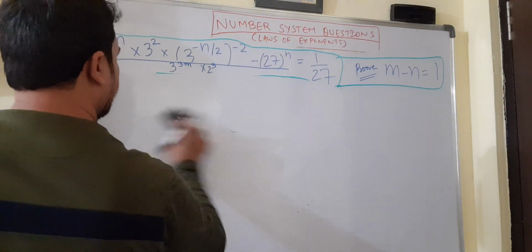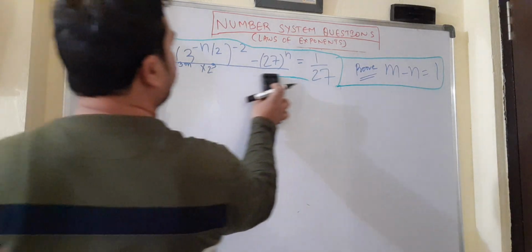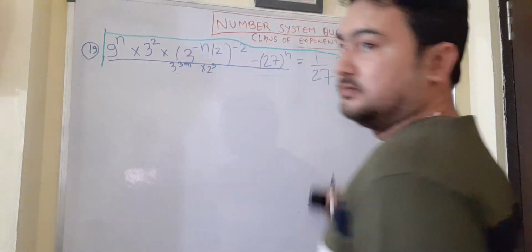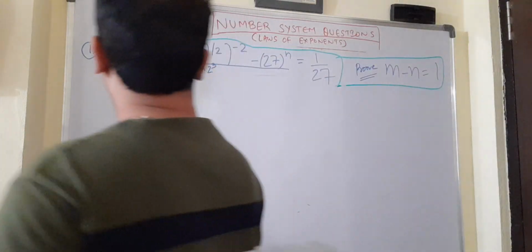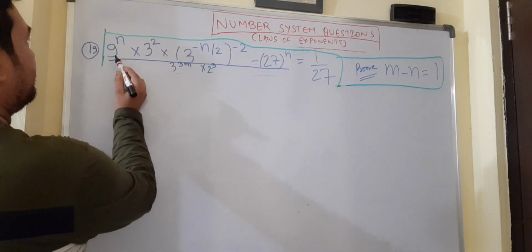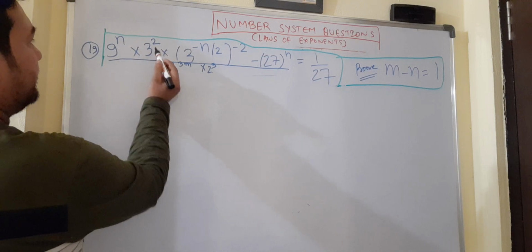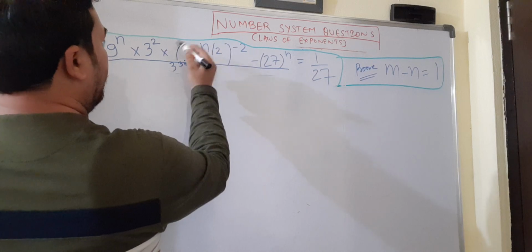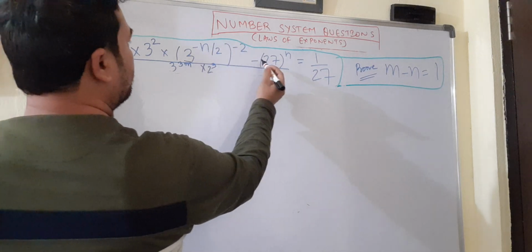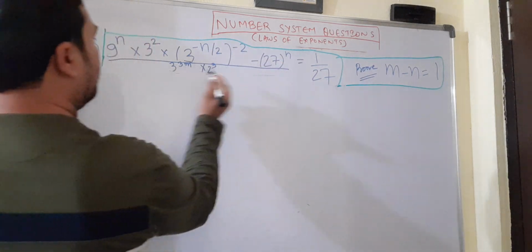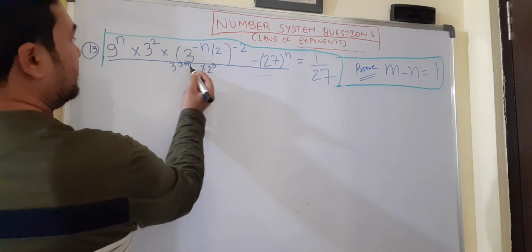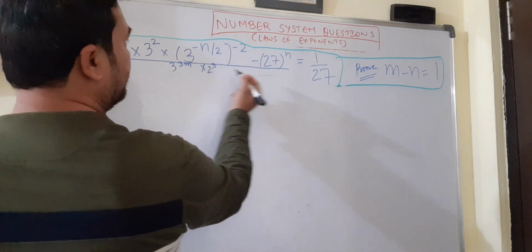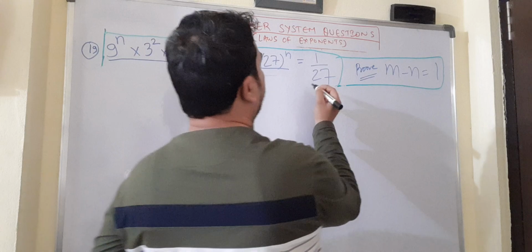After solving question number 20, let's see question number 19. In this question, you are given (9^n times 3^2 times 3^(-n/2))^(-2) minus 27^n divided by 3^(3m) times 2^3, and this is equal to 1/27.